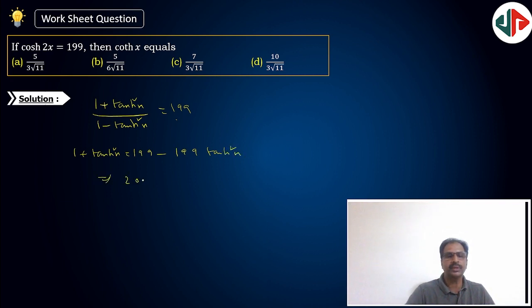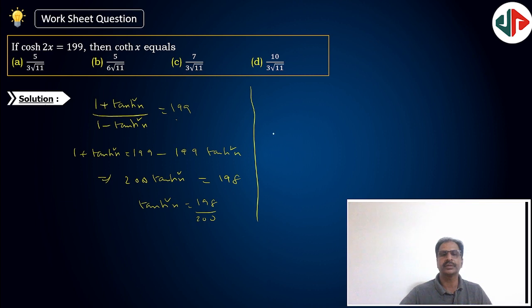From this, 200 tan h square x is equal to 198. So tan h square x is equal to 198 by 200, which implies cot h square x is equal to 200 by 198.